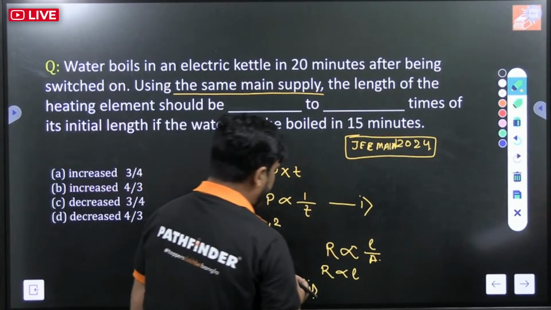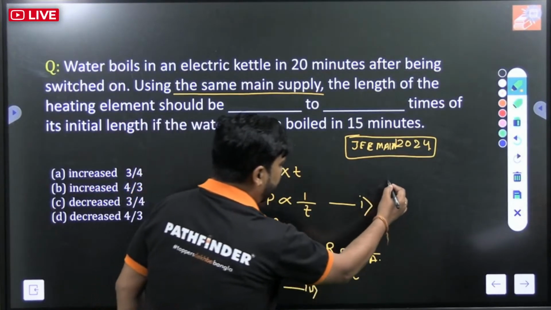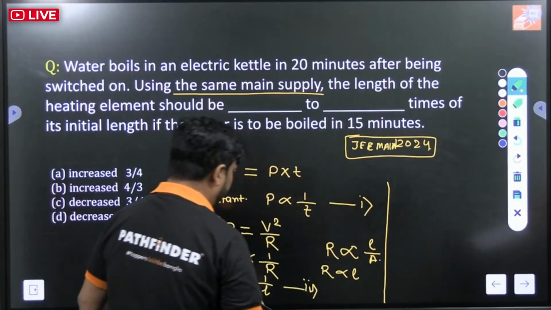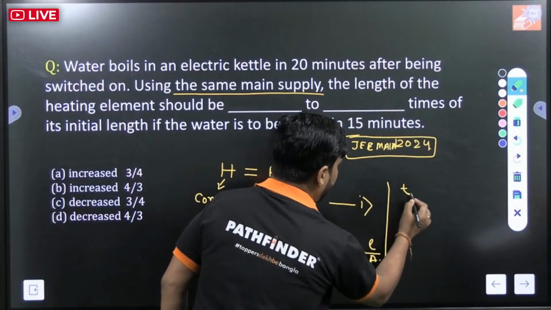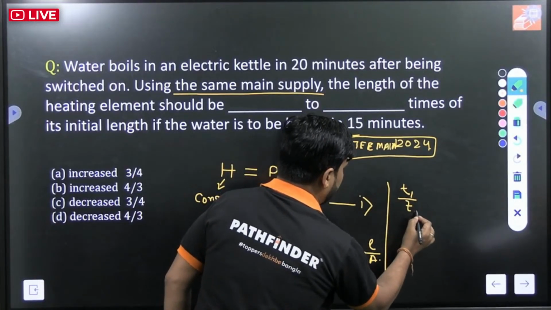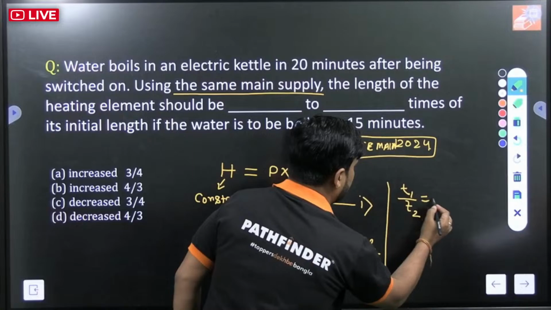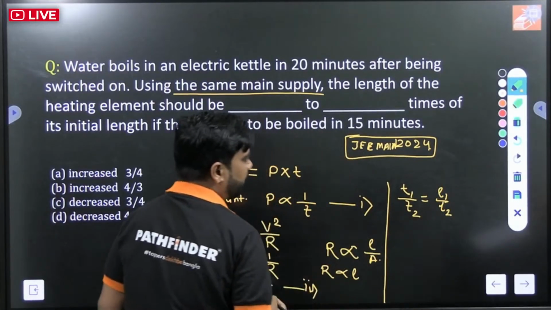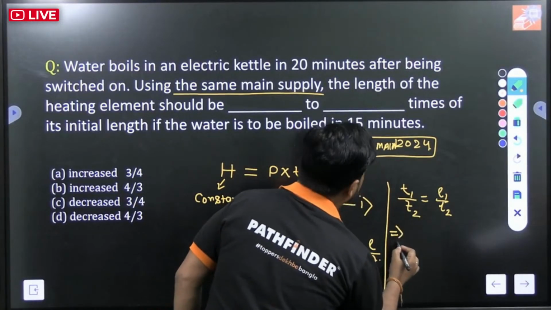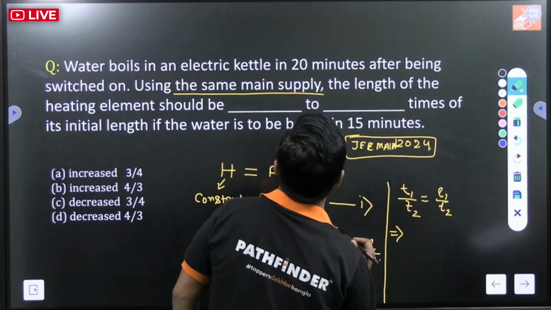Now by keeping this in mind, what we can say is that T1 by T2 must be equal to L1 by L2, right? And what is the value of T1? The value of T1 is 20 minutes.